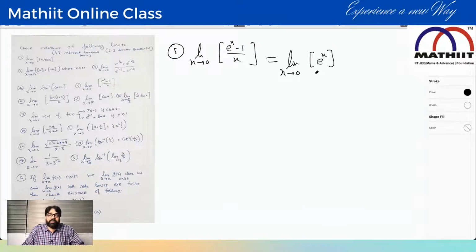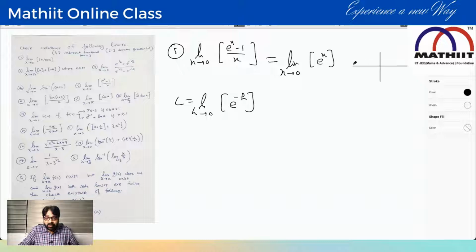We'll check it. What will we do? Left hand limit will be limit h approaches 0, greatest integer of e power x, with x replaced by 0 minus h, meaning minus h. Think carefully. E power x graph. Some people have allergy with the graph. I cannot do anything with them. E power x graph is this. E power minus h. Think carefully. This is 1, exactly 1. This is the (0, 1) coordinate.